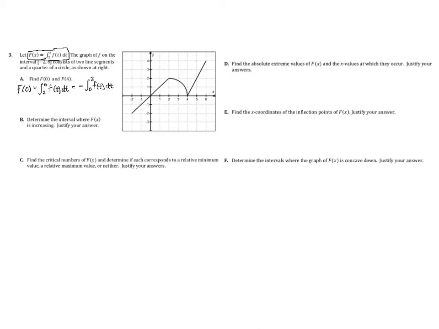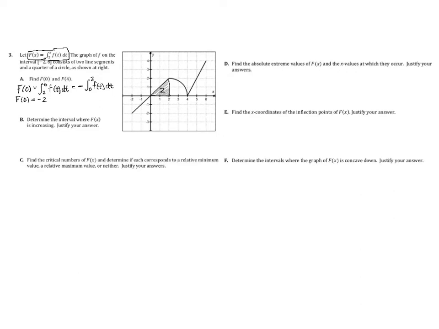So from 0 to 2, it looks like we're going to have a nice triangle here. And so for that region, once we look at 1/2 base times height, it looks like we're going to have an area of 2. And so we still had to invert our endpoints. So f at 0 is going to be -2.